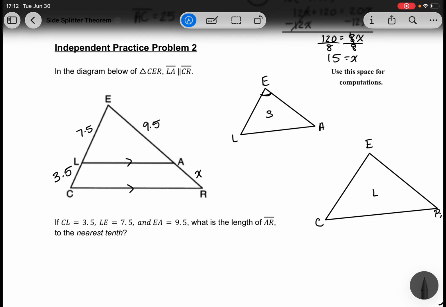And we know that both the triangles have angle E, so those are going to be our congruent angles, which means you can say that these two triangles are similar from side angle side similarity.